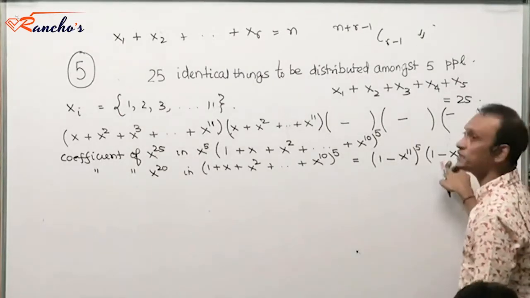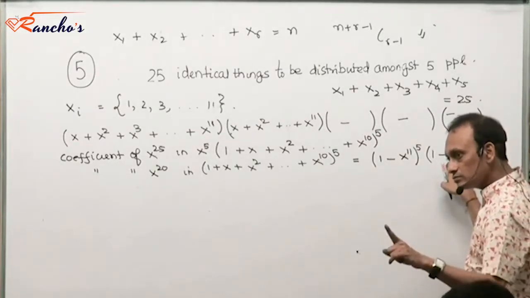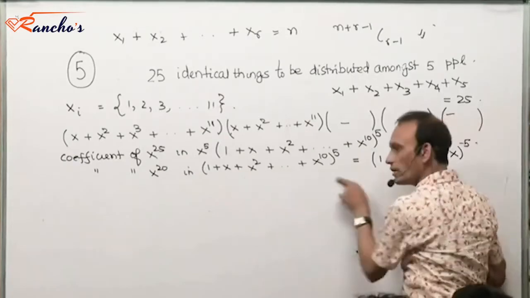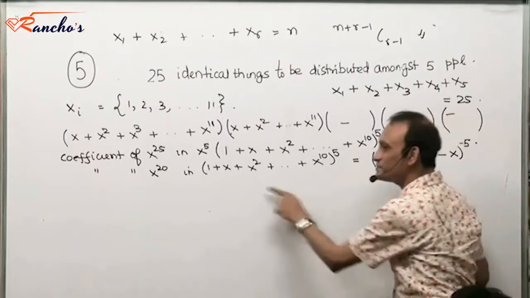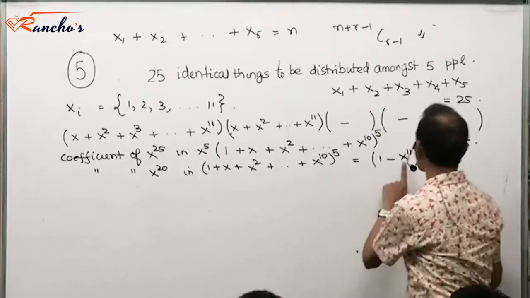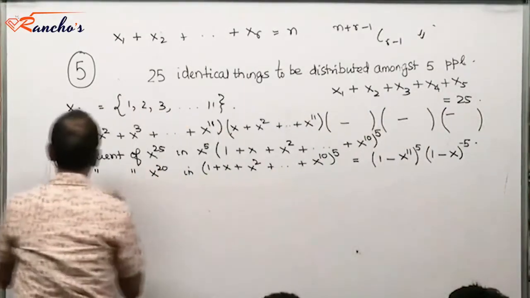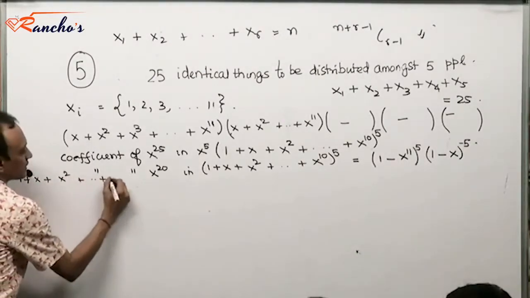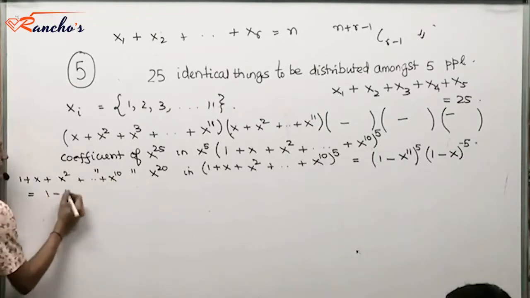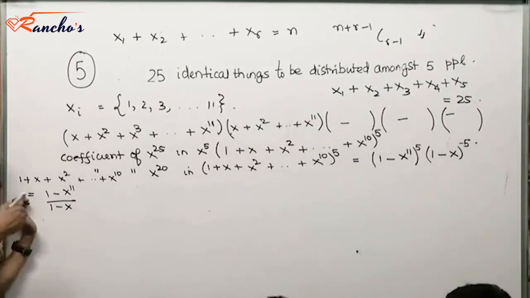So I'm seeking in this the coefficient of x power 20. Did you not understand how I added this GP series? How do you add a GP series? 1 minus r to power number of terms by 1 minus r. So 1 plus x squared plus x power 10 is 1 minus x power 11 by 1 minus x, and the whole to power 5 means this will be 1 minus x to power minus 5.